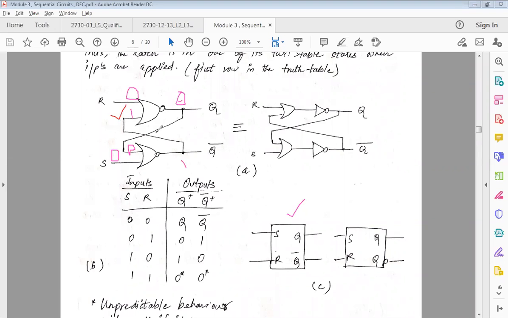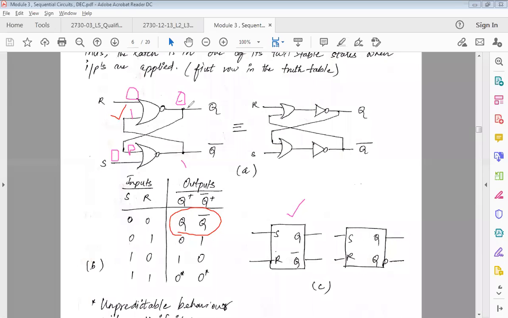We had assumed 1, so 1 is also coming here. So ultimately my value of Q is going to be 0, and Q bar is going to be 1. Now the reason why I have written Q and Q bar is because of whatever was there previously, say I have switched it off and kept it.